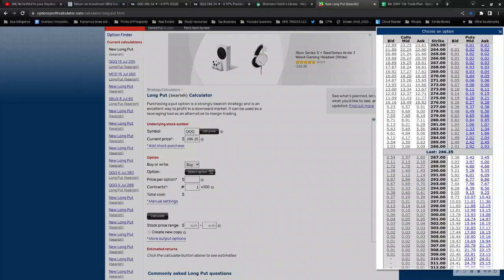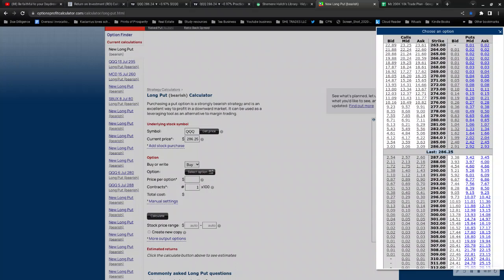It's $8.04. So although I'm saying 5, QQQ average true range move a day is $8. So I'm just kind of meeting it in the middle, so to speak. So now we have 286 minus 5. So I would anticipate that the move would go down to 281.